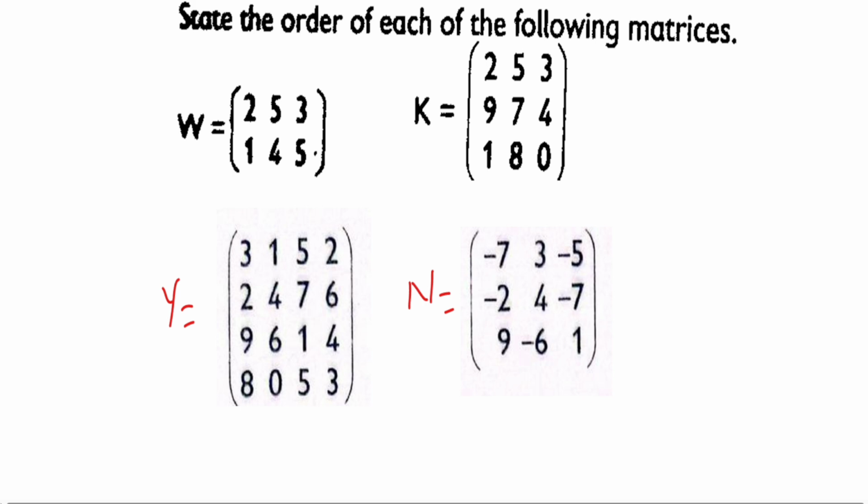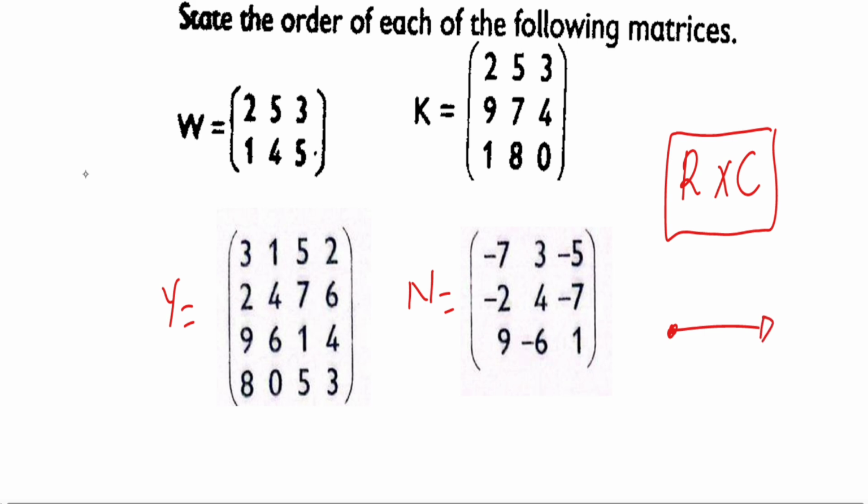Order is usually given by the number of rows times columns. That is, how the matrix is arranged is what we call its order. So we start with the row, then the column. A row is the one that goes from left to right, as my students said. So rows are horizontal. Columns are vertical.